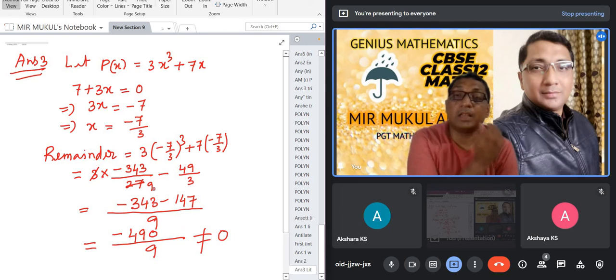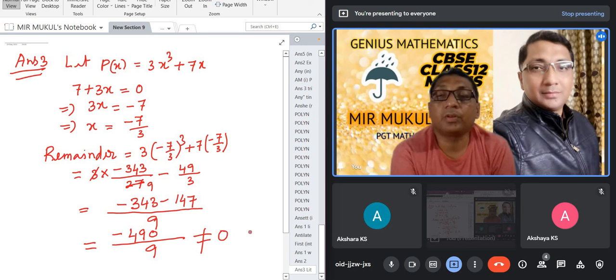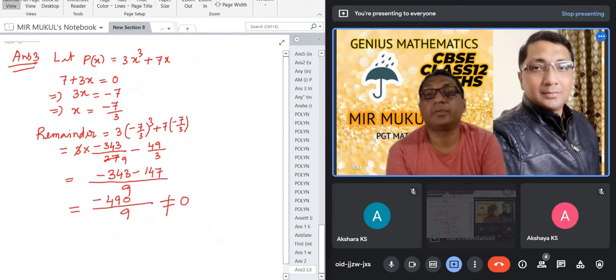Okay. Once again, check: 7 cube is 343 and 3 cube is 27. So these 3 and 27, if we cut, here 9 and minus here 49 by 3. Take LCM 9. So minus 343 minus, if we multiply by 3. Now if we add, 7 plus 3, 10, 9, 4. So it is not equal to 0.